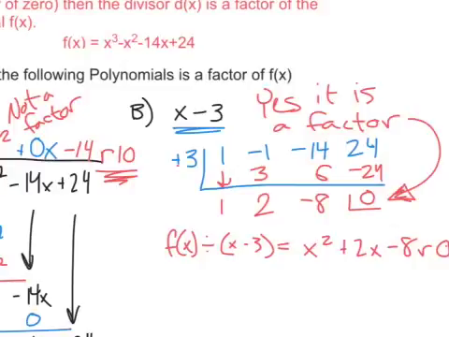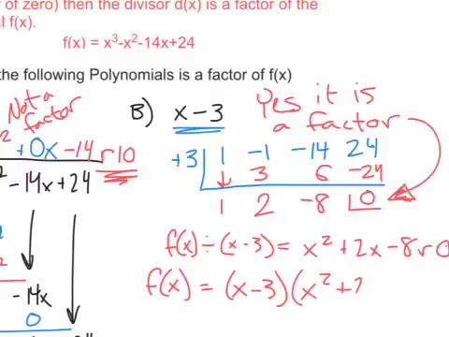So technically I could write f of x equals x minus 3 times x squared plus 2x minus 8, using a little bit of multiplication. I basically just said, okay, if I multiply both sides by x minus 3 here, we can help factor that polynomial. Okay?